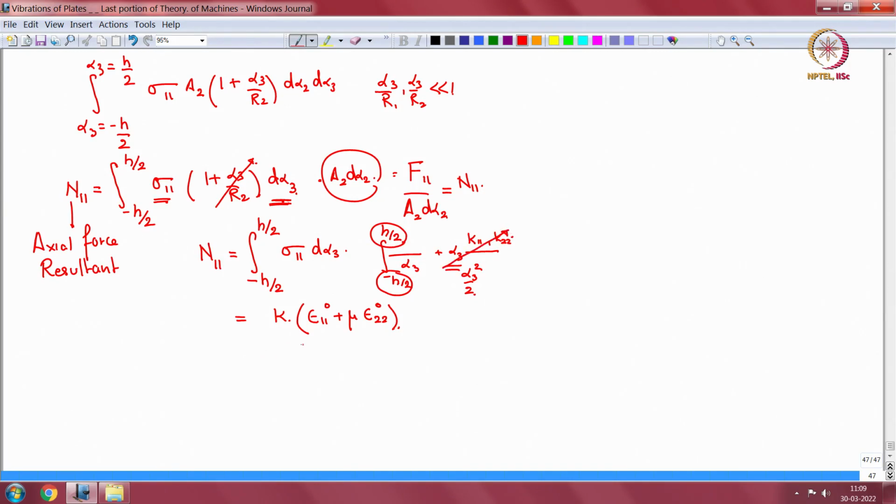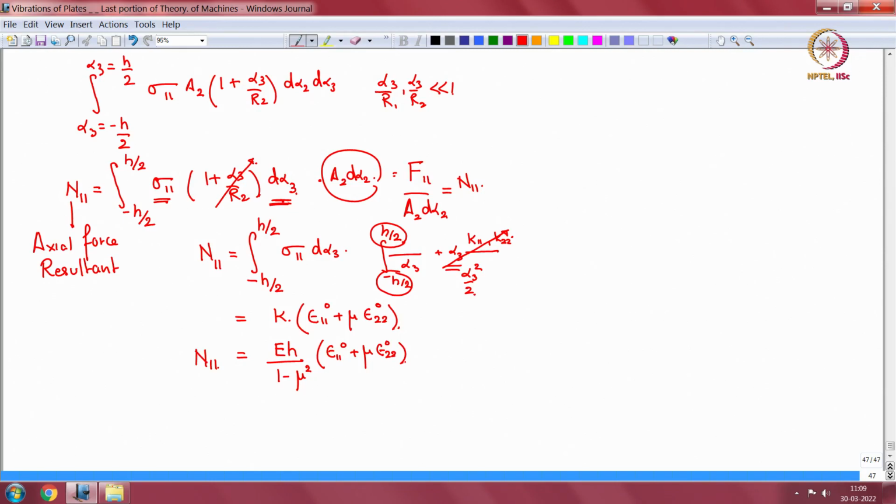Okay. So, what is this k? This k is the membrane stiffness, which is E h by 1 minus mu square, times (epsilon 110 plus mu epsilon 220). That is your normal axial force resultant, force per unit length. Okay.